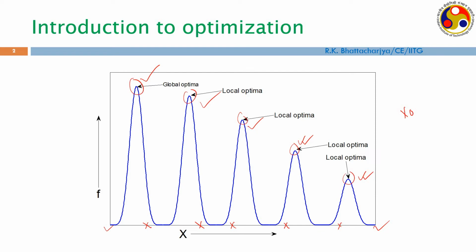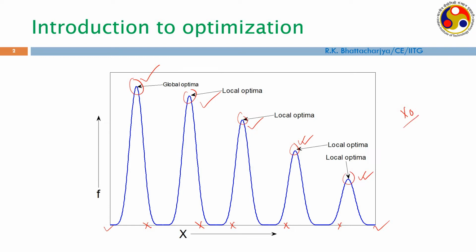Every time you may get a different optimal solution, and one of them may be the global optimal solution. If you are lucky enough and get the appropriate initial solution, then you may get the global optimal solution.